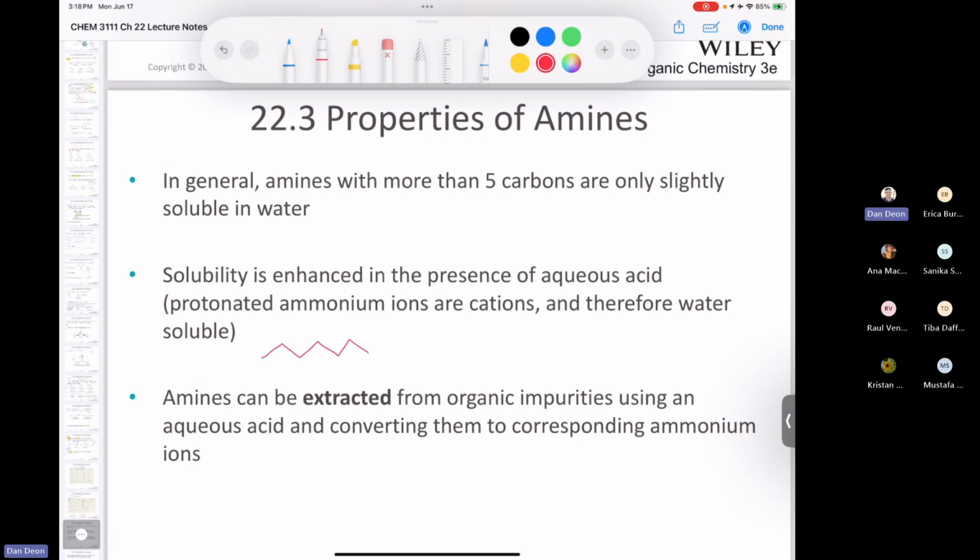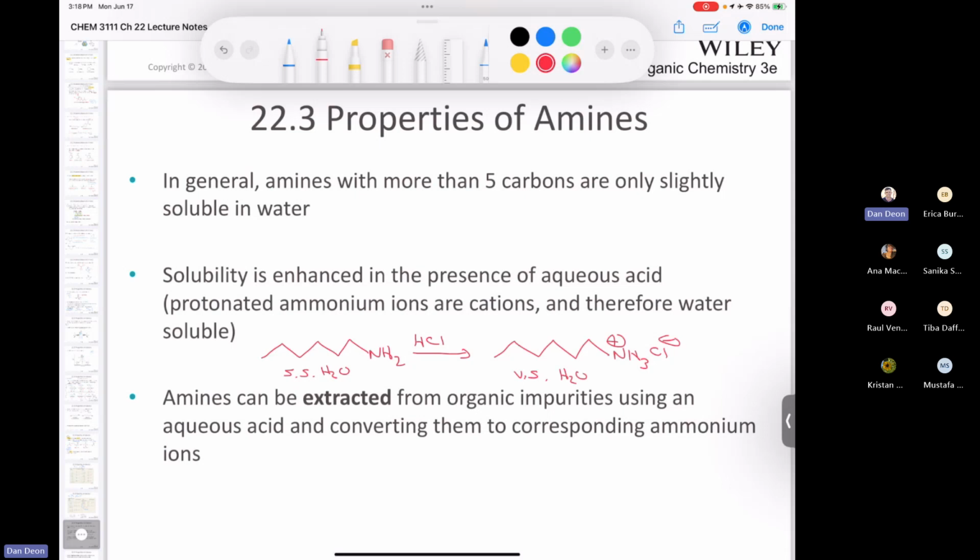You have 1, 2, 3, 4, 5, 6, hexylamine or hexanamine. This is only going to be slightly soluble, but if you treat this with HCl, then you end up with NH3+ Cl-. This is a salt. This is going to be very soluble in water. So slightly soluble in H2O, very soluble in H2O.